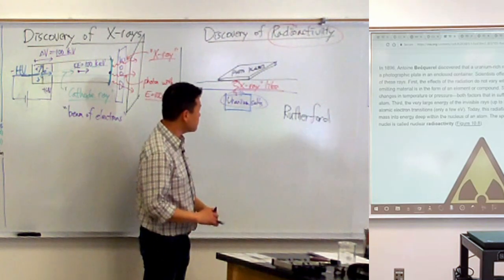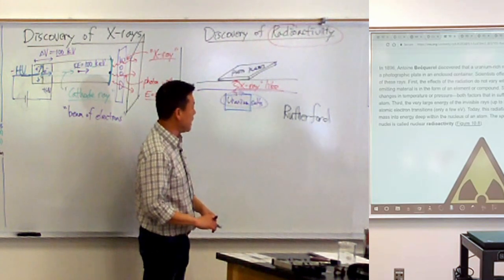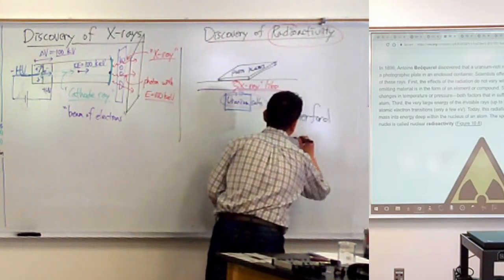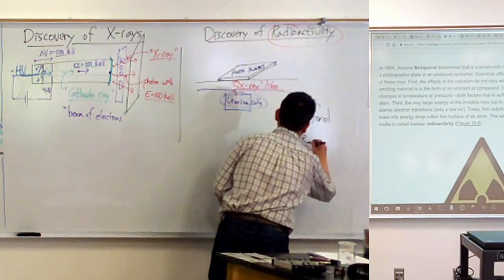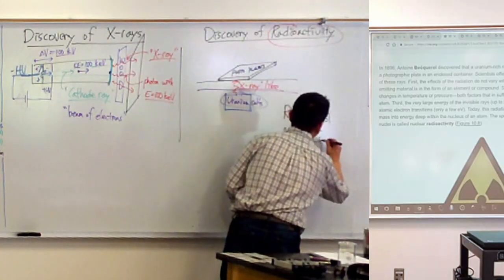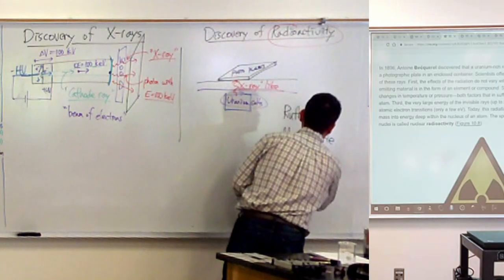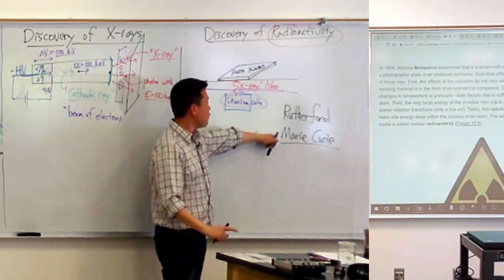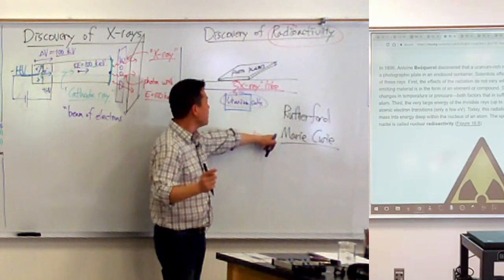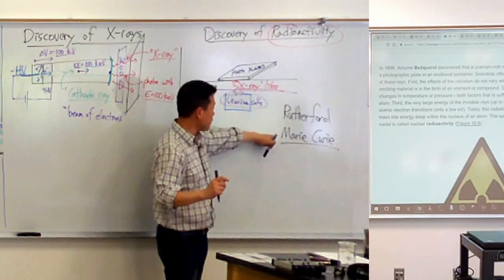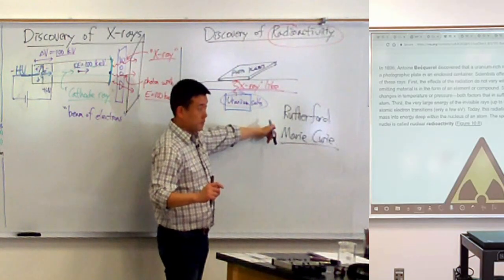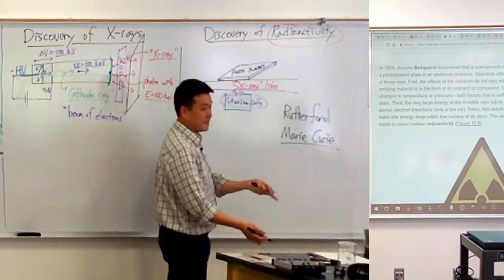The other person, there are many other names, but at least the two that I should give you, the other person is Marie Curie. I'm not going to be able to spell her name right. She's one of the few people who have two Nobel Prizes, I think one in physics, one in chemistry. And she discovered a lot of radioactive elements. One in particular is easy to remember.